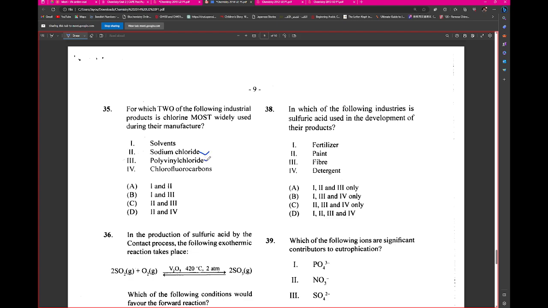No, I said B as in boy. Okay. So you're saying, wait, hold on, solvents and polyvinyl chloride. Alright. Oh no, alright, go ahead. I'm thinking sodium chloride now. But is that widely used? I'm not sure.